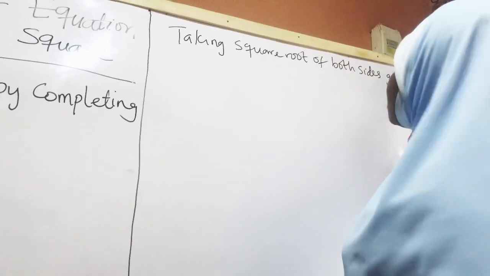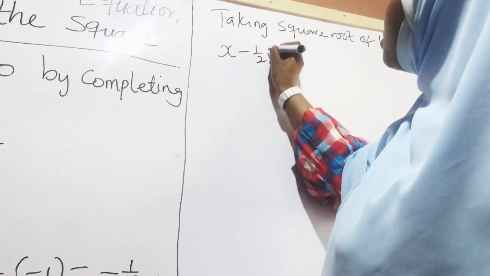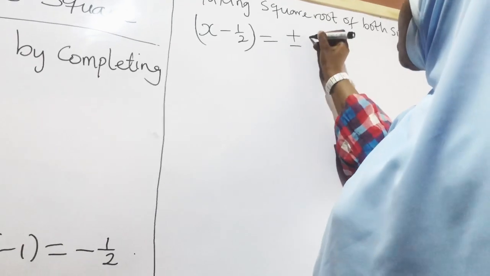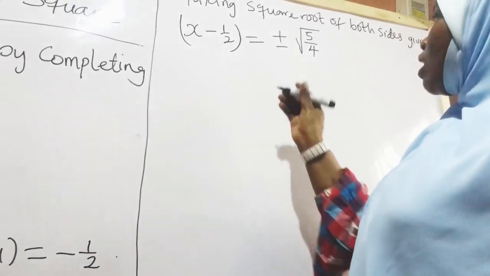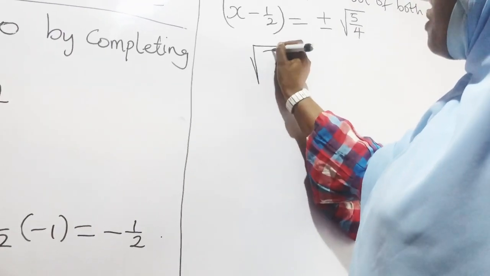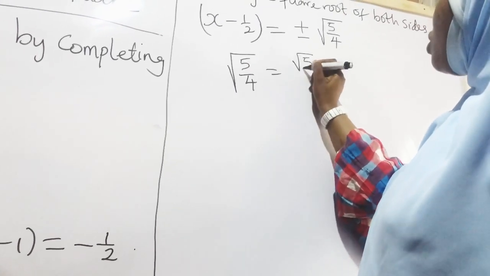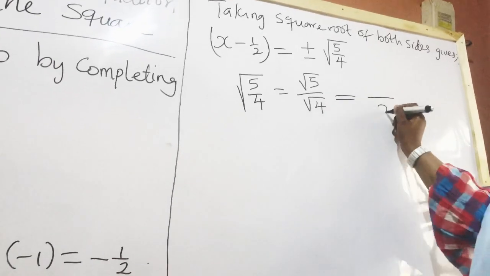So it gives x minus 1 over 2 is equal to plus or minus the square root of 5 over 4. And according to the law of surds, we can rewrite the square root of 5 over 4 as root 5 over root 4, and root 4 is equal to 2.